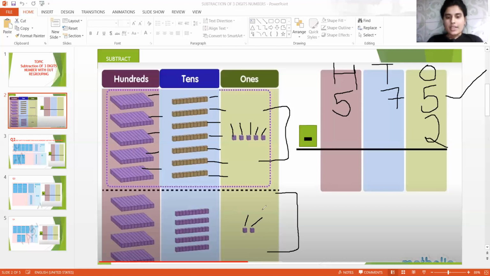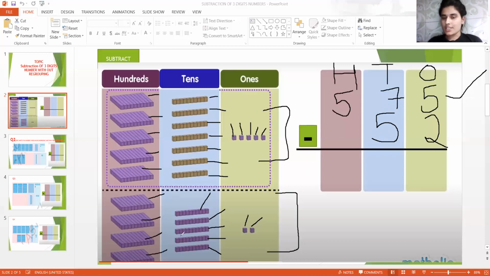Then how many tens? Just count it. 1, 2, 3, 4, 5. How many tens? 5 tens. Here I have to write 5 tens. Then how many hundreds? 1, 2, 3, 4.